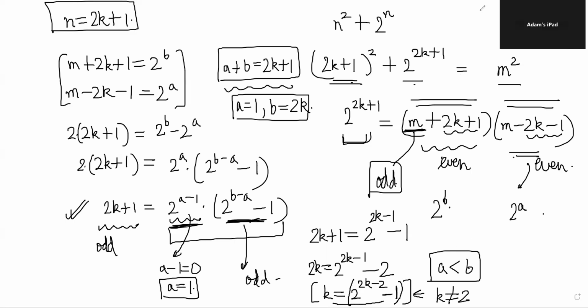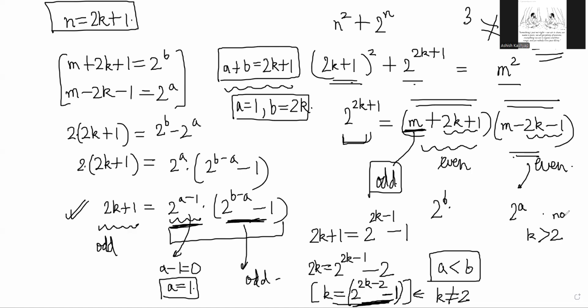You have 3 here and 2 to the power 6 minus 2 minus 1, 2 to the power 4 minus 1. It is never going to be equal because this number will grow too fast. For larger values of k, the right hand side will be very large. So you can exclude k greater than 2, no solutions.